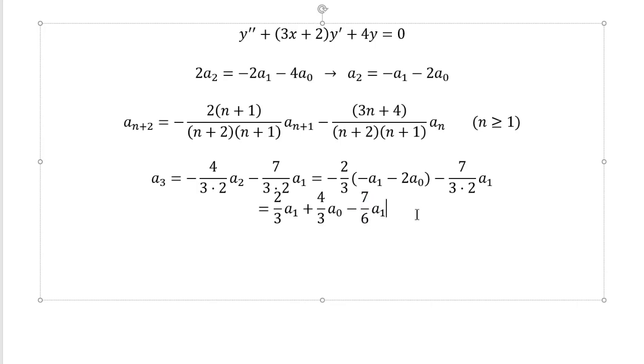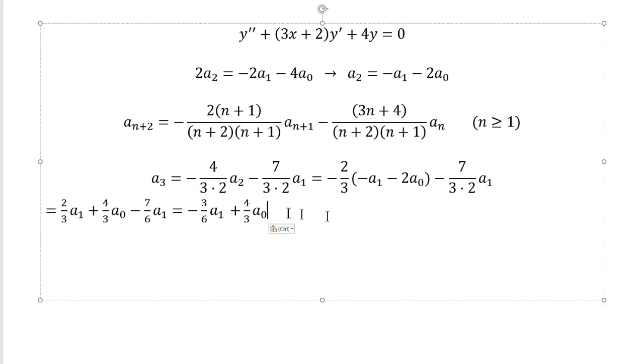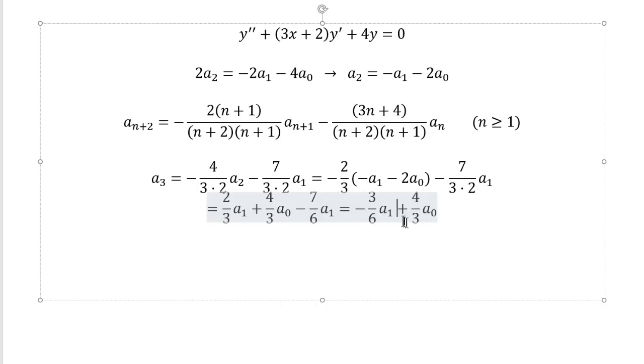So that's going to be equal to negative, okay, 4 minus 7, that's negative 3. Okay, so negative 3 over 6 a1 plus 4/3 a0. And because 3 over 6 is 1/2, let's just rewrite this as 1/2. So that's a3, right? So we've expressed a3 as this.